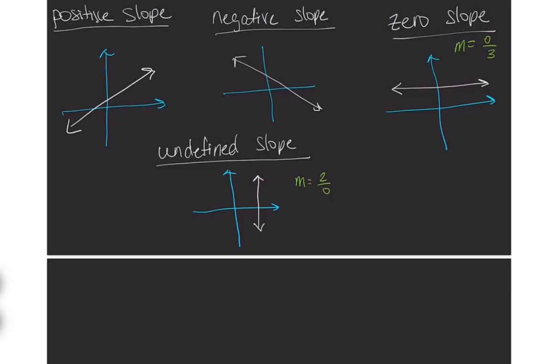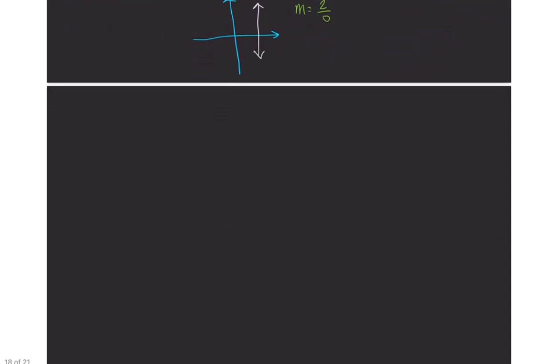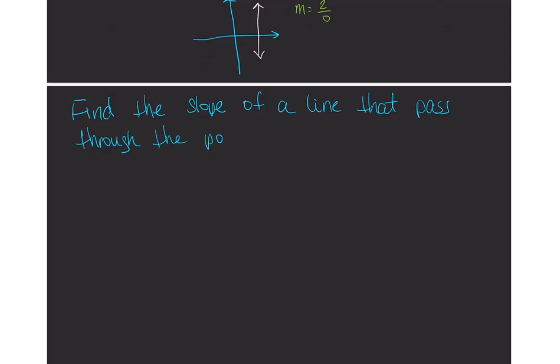Remember all those good guys? Right. So if I gave you 2 points, could you find the slope? So if I said find the slope of a line, because we're doing lines, and they're going to pass through the points, let's go with -3, 4, and just to keep it spicy, 2 and -5.